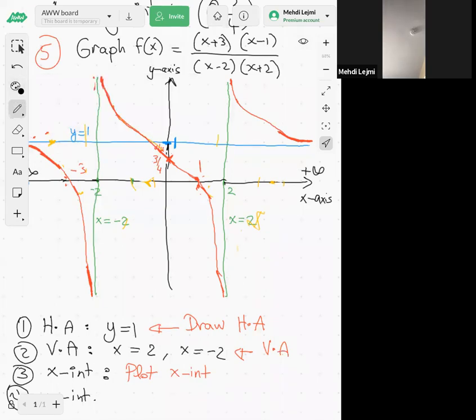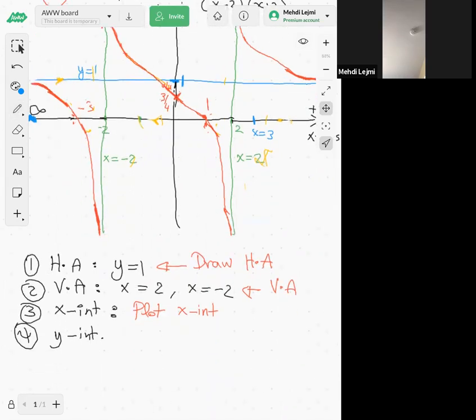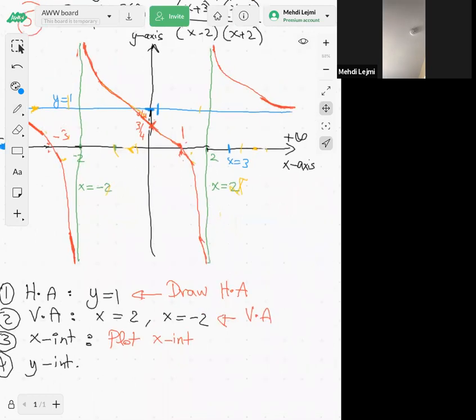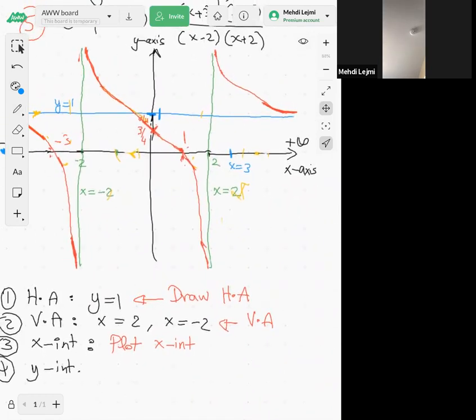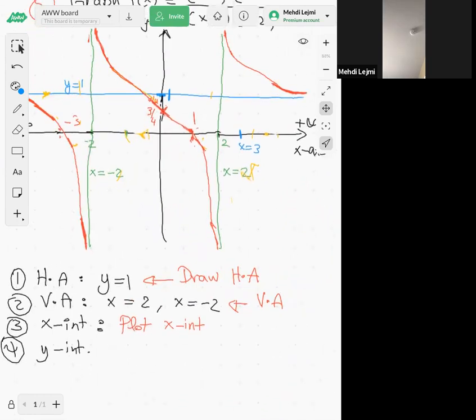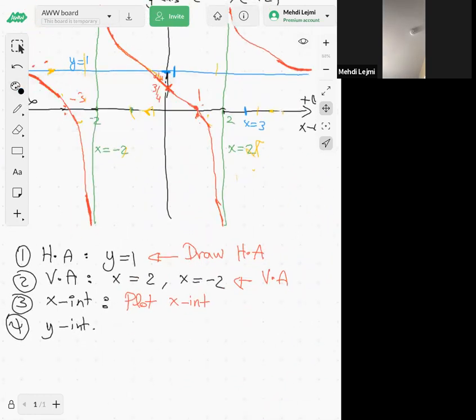I can take, for example, x equal to 3 and see if the image of x equal to 3 is positive or negative. Again, x equal to 3 is just a random number. You can take any number, let's say after 2, just to check if your graph is in the correct place.